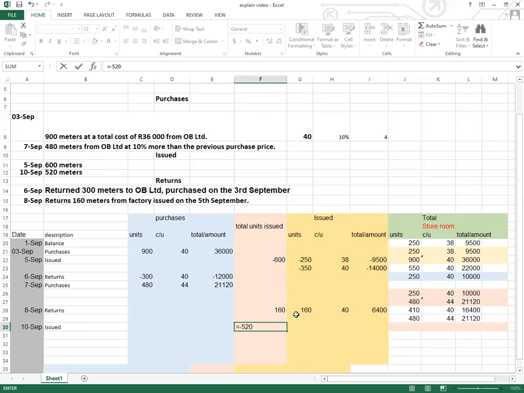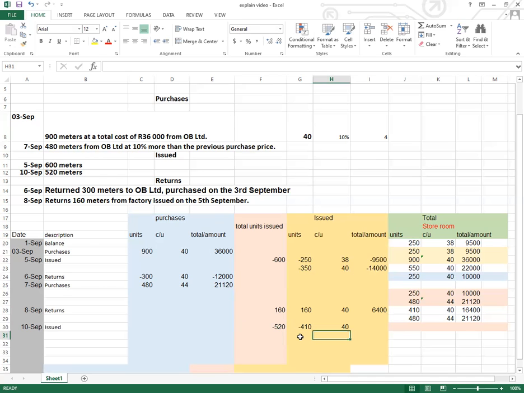Yeah? Which means here we're going to issue 410 first at 40 rand.